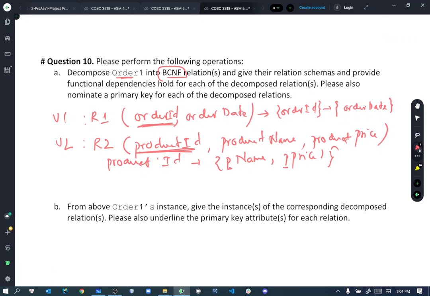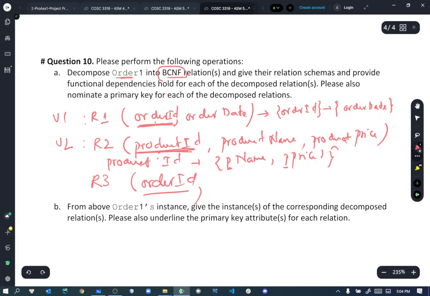Next, whenever you split the relation, you have the left hand side as primary key, and you have to leave a copy of that in the original relation to keep the relationship. So this one is R3. You keep order ID there, which is a primary key and foreign key too, and you keep product ID, primary key and foreign key too, and you'll have quantity.